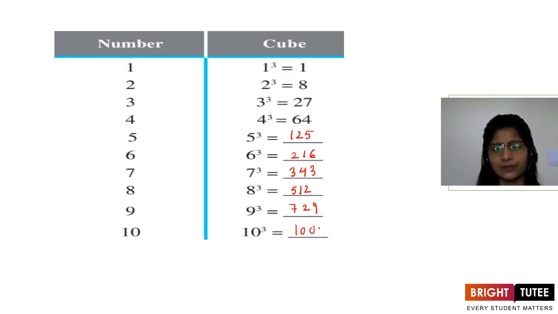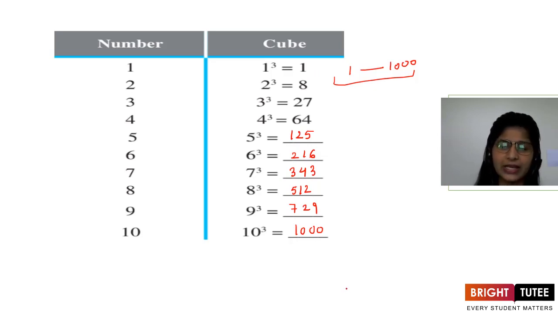That means we observe from 1 to 1000. Between 1 and 1000, there are only 10 perfect cubes, including 1 and 1000. Rest all other numbers are not perfect cubes. Clear? Similarly, we can find between 1 and 100.